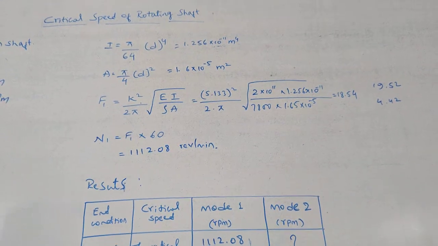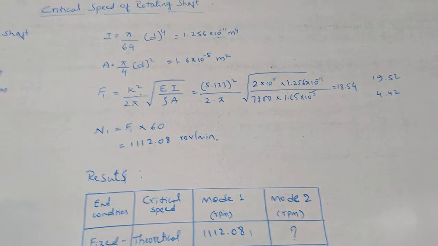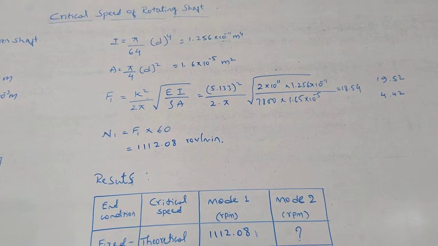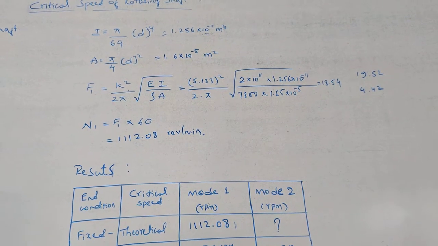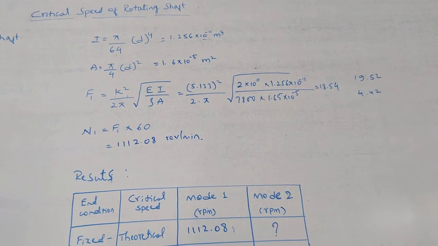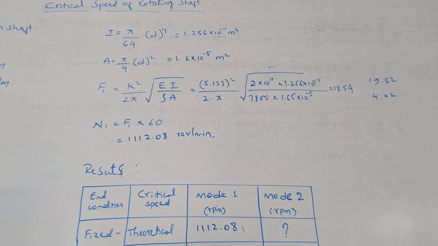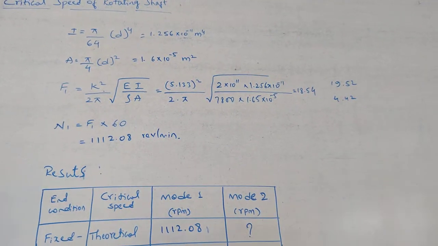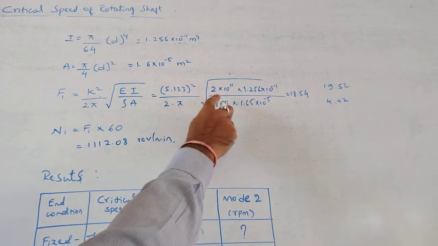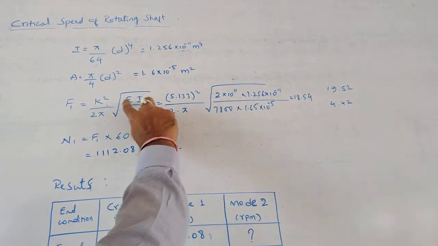Here the Young's modulus of the material we need to note down. The Young's modulus of the material is 2 into 10 raised to 11 Newton per meter square. So it is substituted as 2 into 10 raised to 11 for E value.